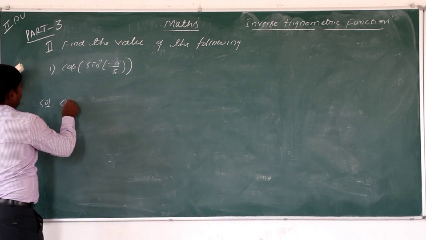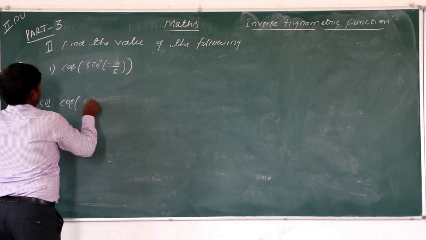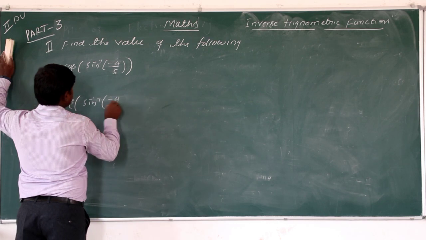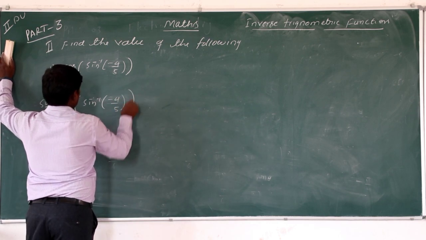Solution. So cos of sin inverse of minus 4 by 5.